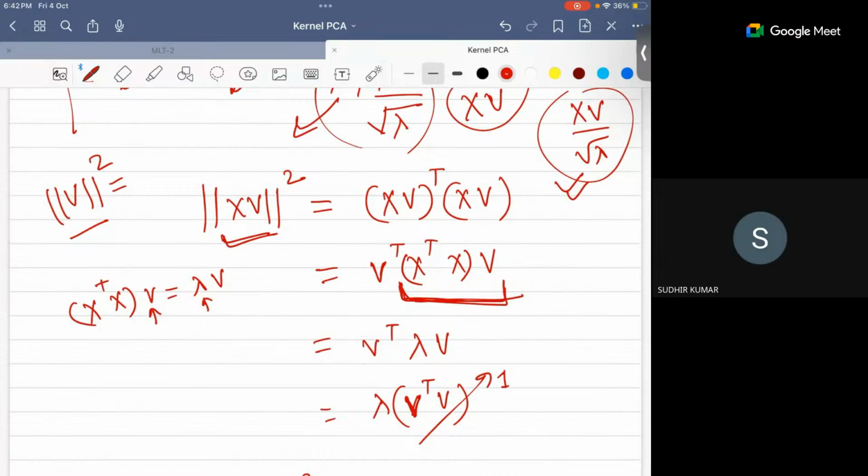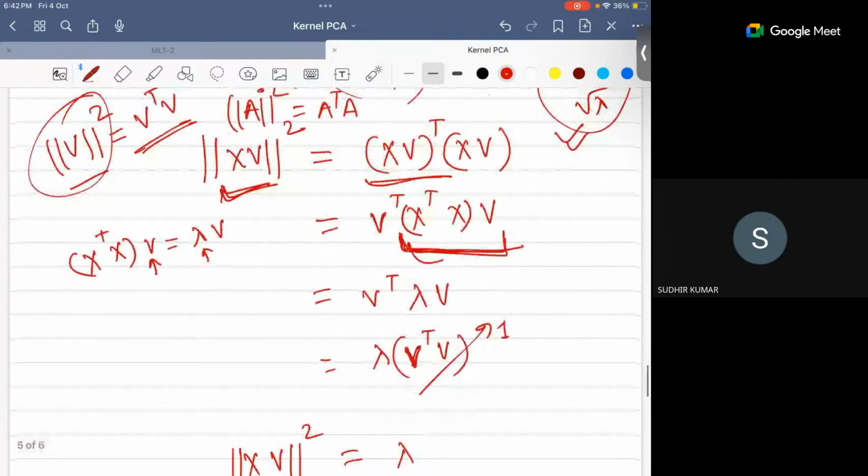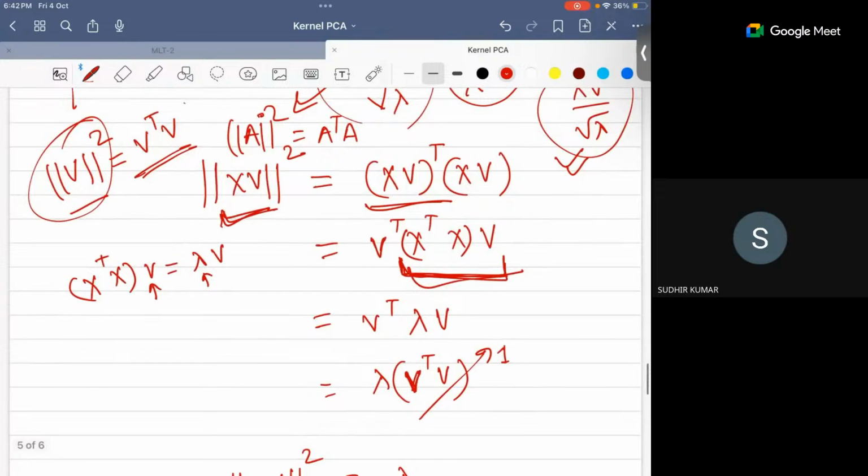To calculate the magnitude of any vector, you use v transpose v, which is v squared. For the vector xv, the squared magnitude is xv transpose times xv, just like a squared equals a transpose a. Got it, sir. Correct. Thank you.